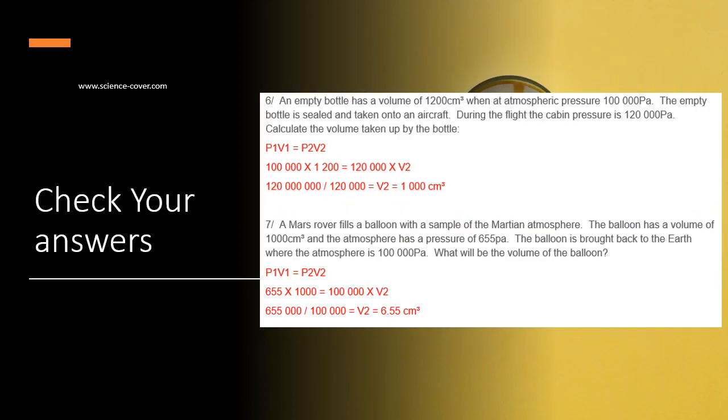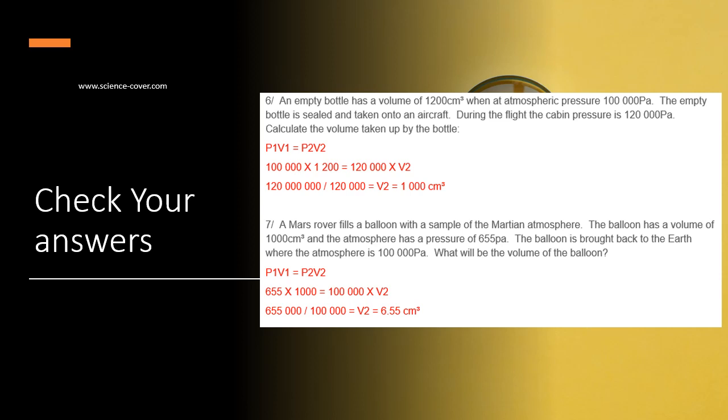Six. An empty bottle has a volume of 1,200 centimeters cubed at an atmospheric pressure of 100,000 pascals. The empty bottle is sealed and taken onto an aircraft. During the flight, the cabin pressure is 120,000 pascals. Calculate the volume taken up by the bottle. So we do P1V1 equals P2V2.